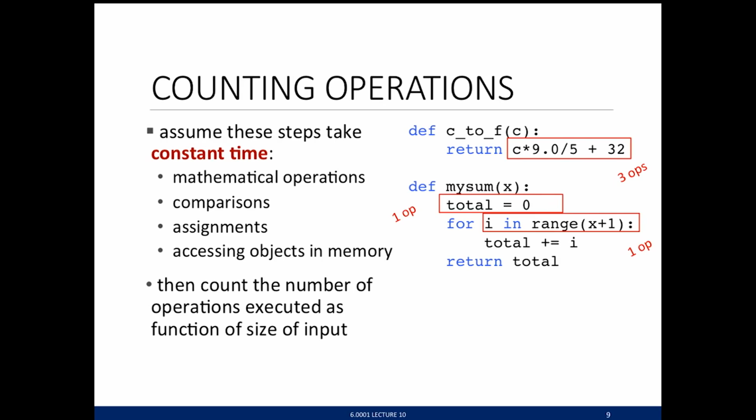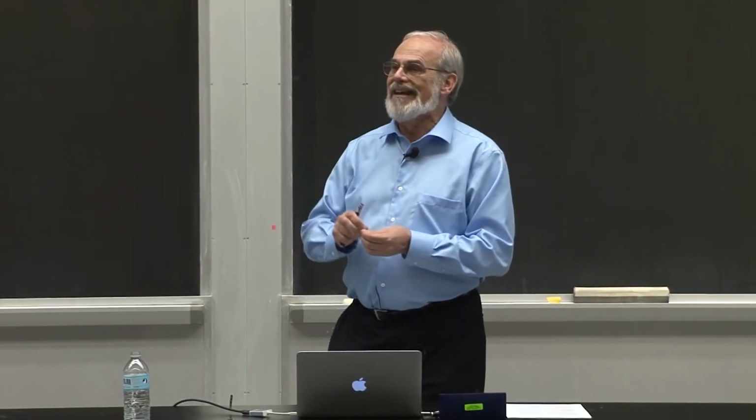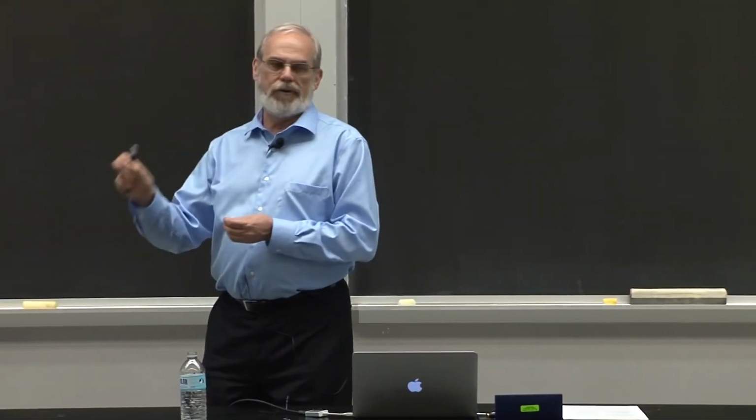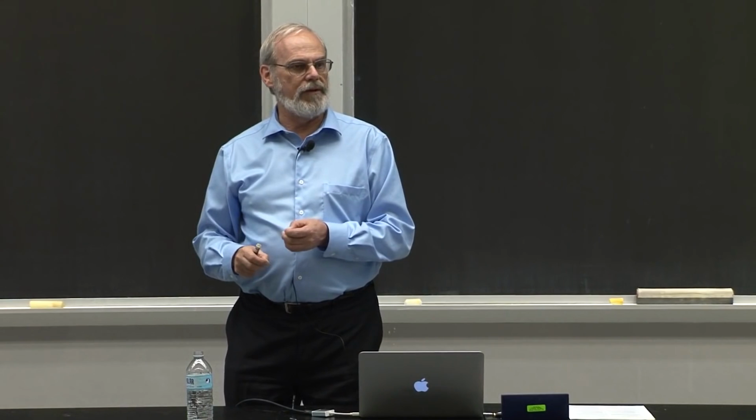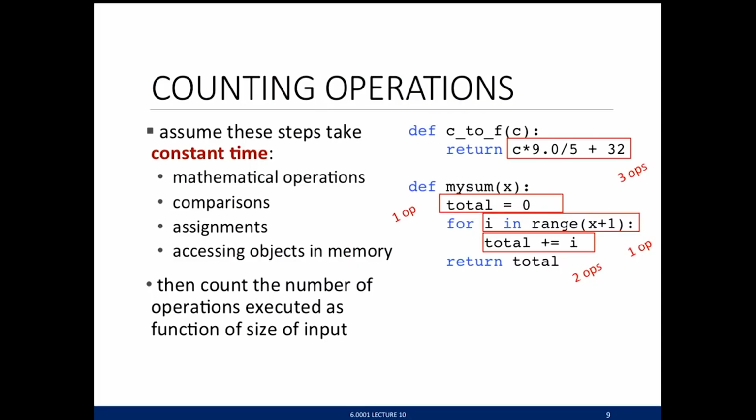Initially, it's going to be 0, and then it's going to be 1, and you get the idea. And here, that's actually 2 operations. It's nice Python shorthand, but what is that operation? It says, take the value of total and the value of i, add them together. It's 1 operation. And then set the name total to that new value. So second operation. So you can see in here, I've got 3 operations.